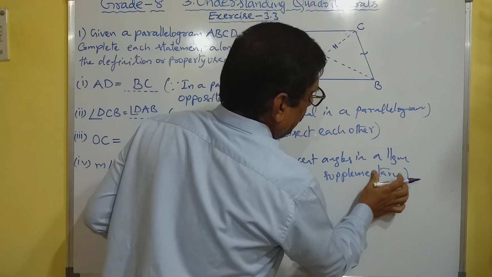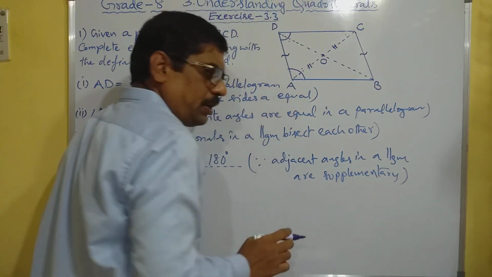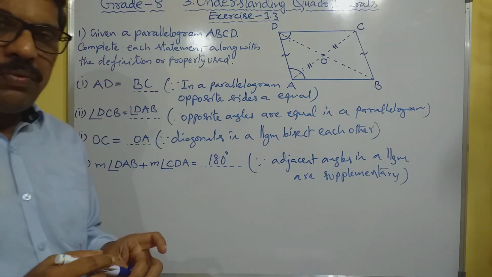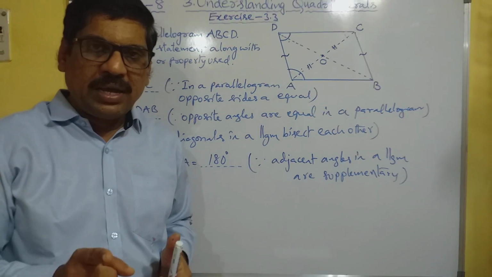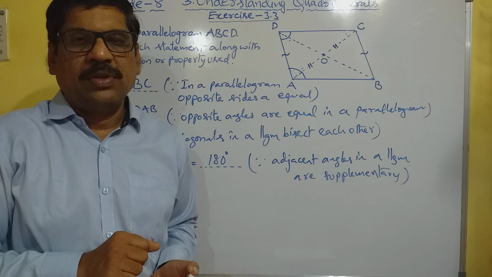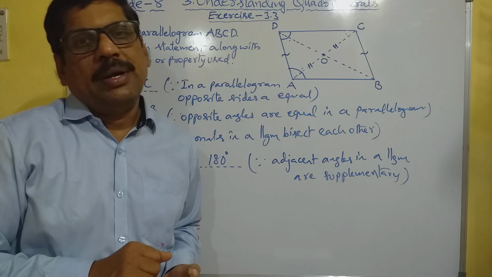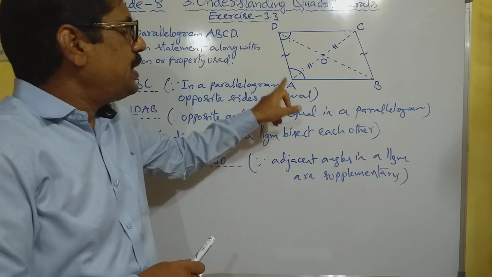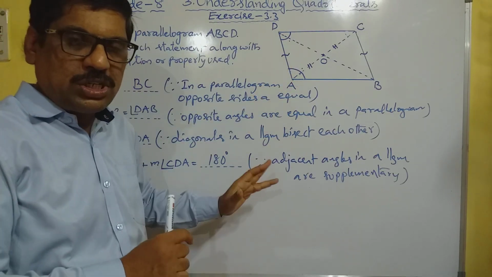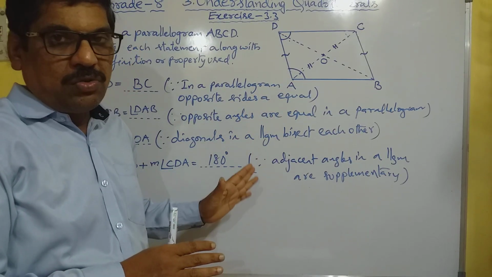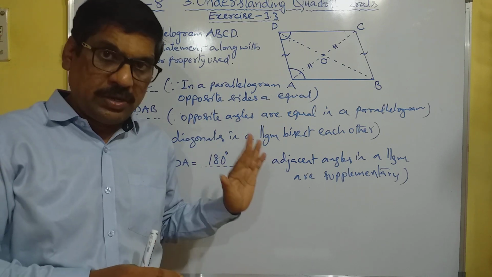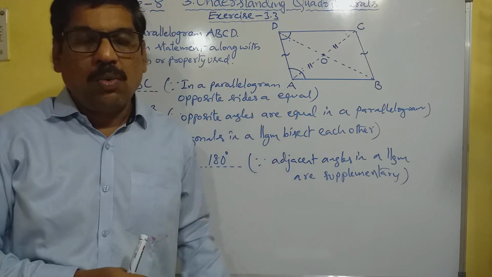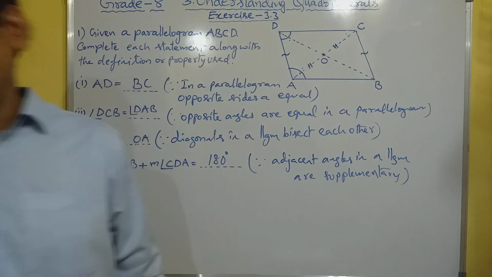As these two angles, angle DAB and CDA, are adjacent, they are just beside each other, so we can call them supplementary. The adjacent angles, their sum is 180 degrees. Okay.